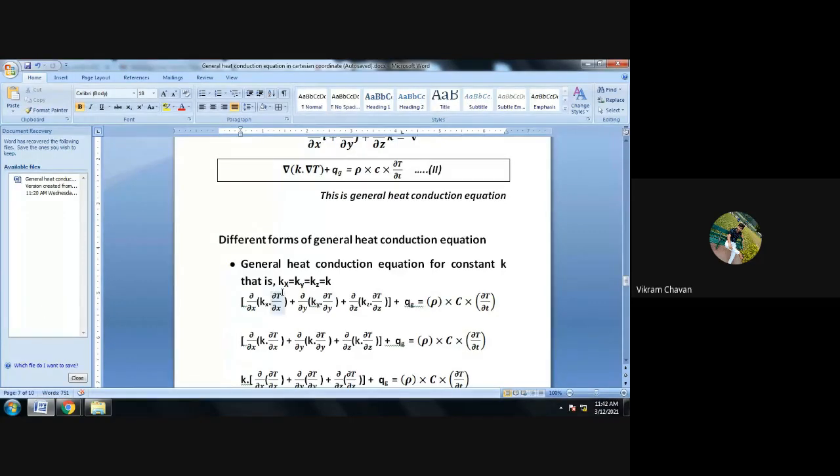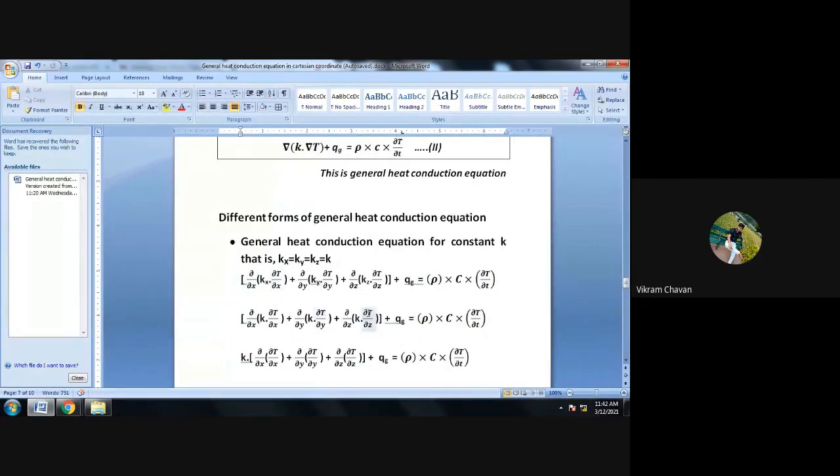Then further we can take k common from these brackets, the thermal conductivity, as it is constant with respect to direction.